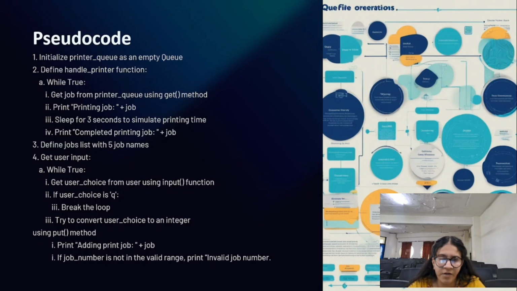Then we will try to convert the user choice to an integer. We are going to print adding print job plus job. If the job number is not in the valid range, print invalid job number. So this is the pseudocode you can see on the screen, and we are going to implement it by coding it in VS Code.